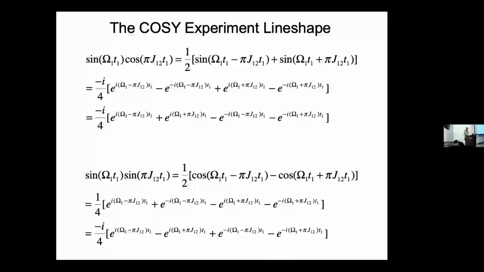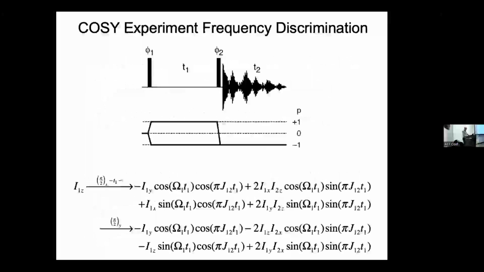And the sine or the cosine, right, they're both sums of complex exponentials. I only want one complex exponential. So to resolve this, I need a second experiment where I measure the cosine of the chemical shift evolution rather than the sine. And this is called frequency discrimination.